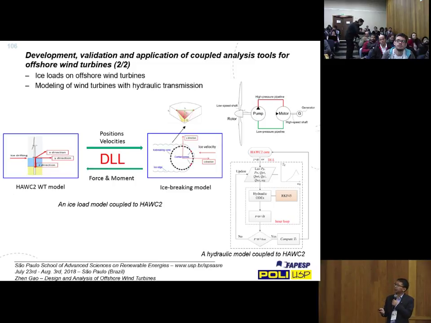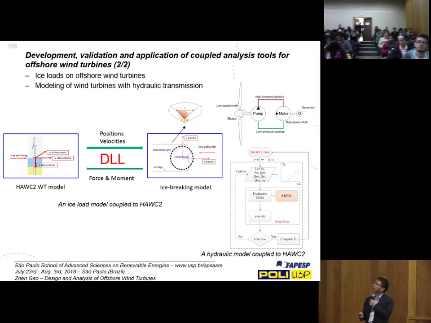Then you have to look at the ice breaking mechanism and predict the loads at the circumference of the support structure. Because these are very dynamic, they also excite the first or second bending modes of those systems.